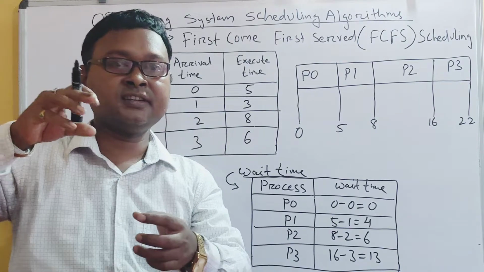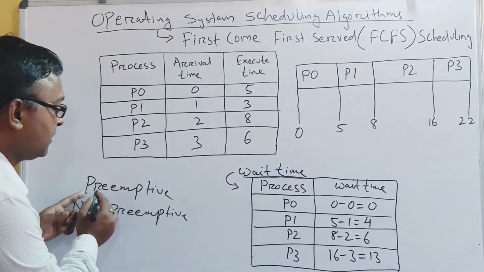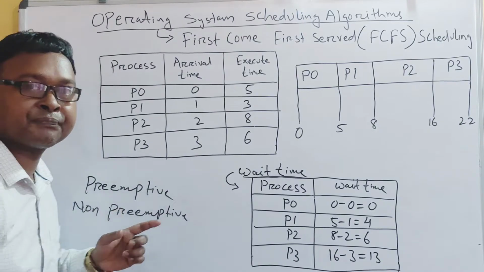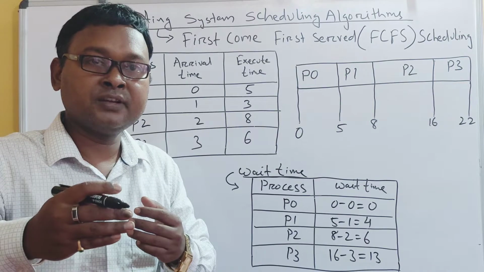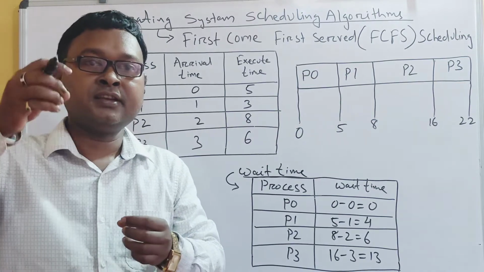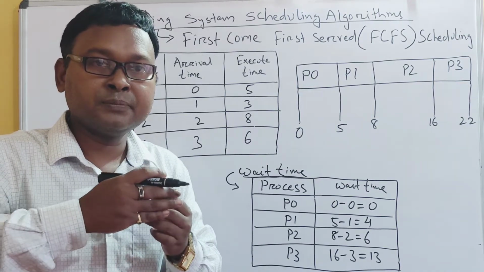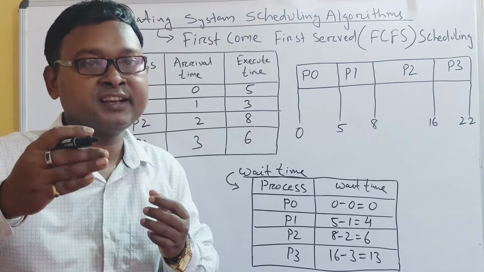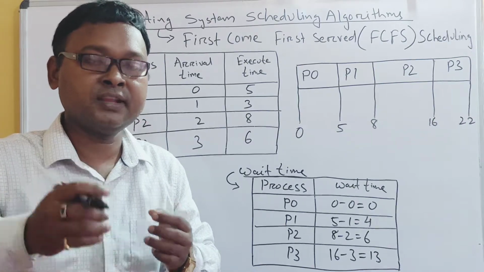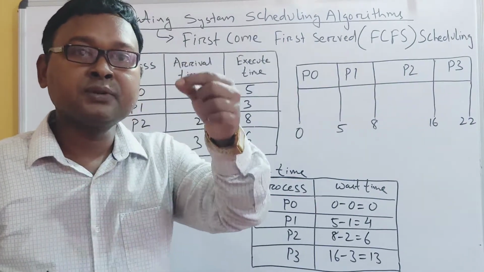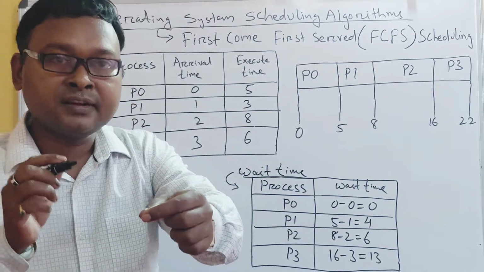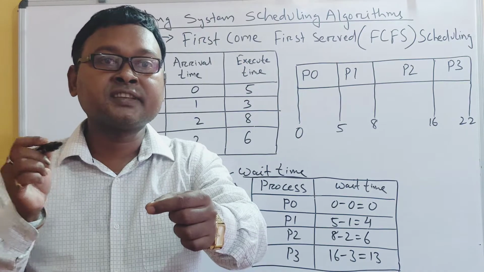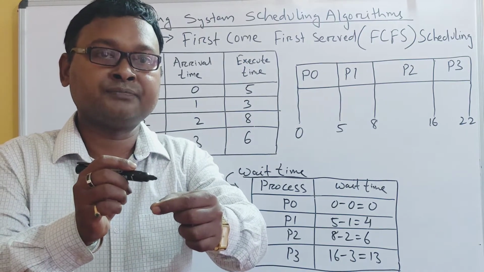Now, what do you mean by preemptive? Preemptive means when a process enters the processor, for example with an execution time of 10 nanoseconds, it executes in the processor. Then another process with higher priority than the executing one wants to enter the processor. In that situation, the executing process is pushed out. For example, the process has executed 5 nanoseconds and 5 nanoseconds are still left.